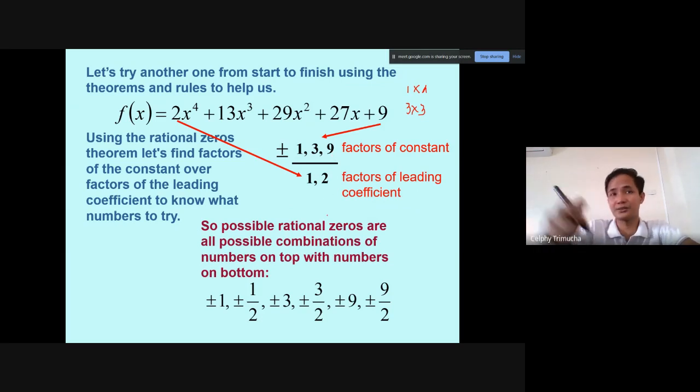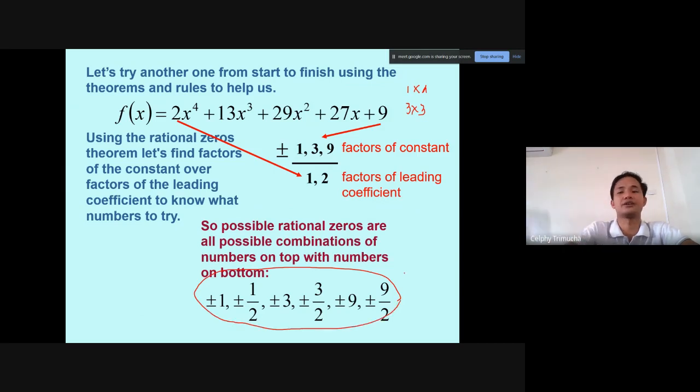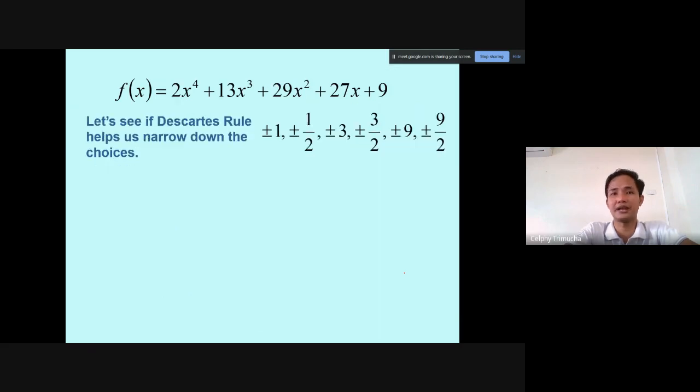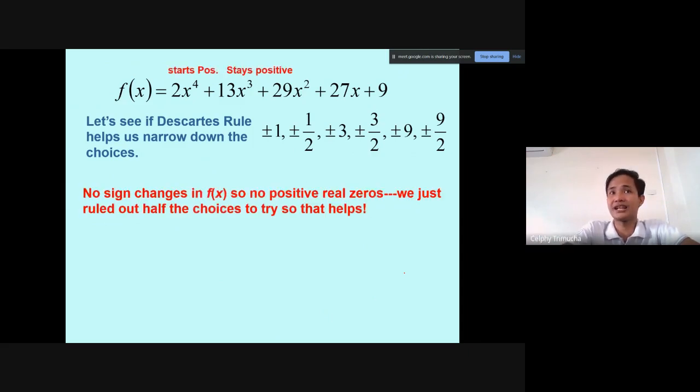So that's it for now. Instead of many possibilities of factors, we can now focus on the roots of your equation. So now we can substitute for the remainder theorem or for long division or synthetic division. Let's start by looking at how many positive and how many negative roots our equation has using Descartes' rule. If we inspect, there is no change in our sign, it stays positive all throughout.